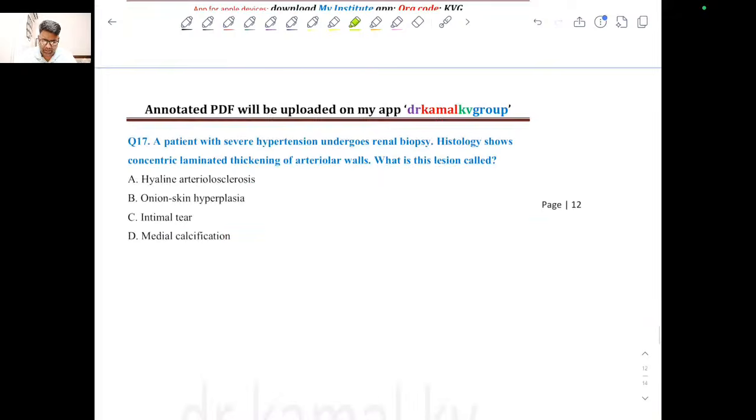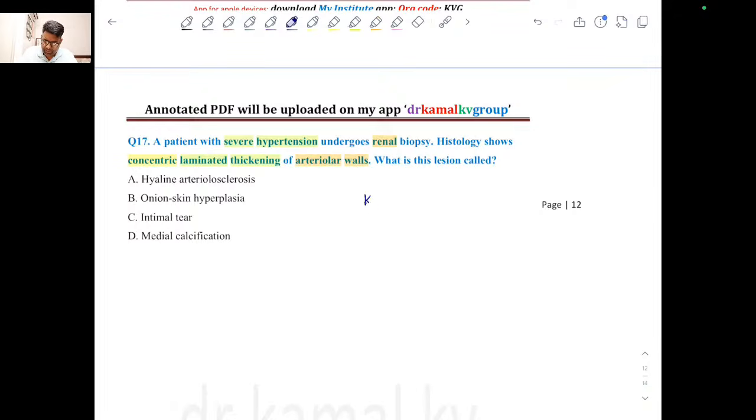Now, next question: a patient with severe hypertension undergoes renal biopsy, and what we are finding in renal biopsy is that there is concentric laminated thickening of the arteriolar wall. Now, what will you call this?